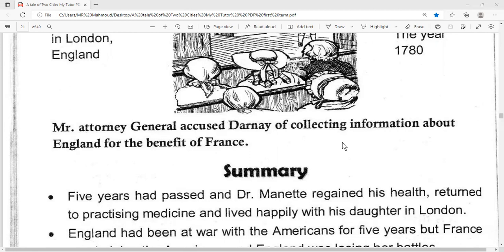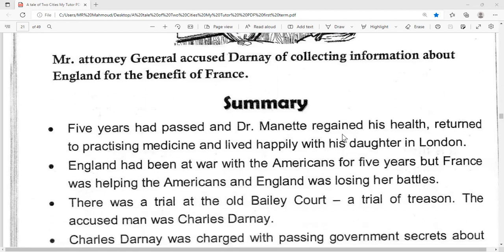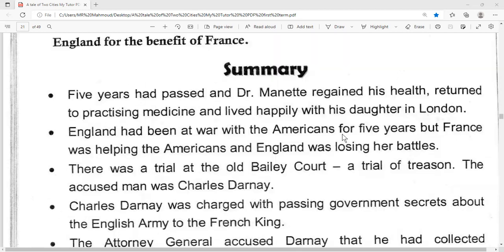We will meet for the first time Charles Darnley and Sydney Carton. Also, we will see new witnesses, John Parsard and others, and we will see Dr. Manette in his new condition after he has recovered and become well again.